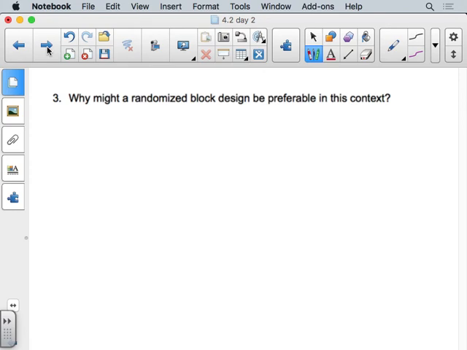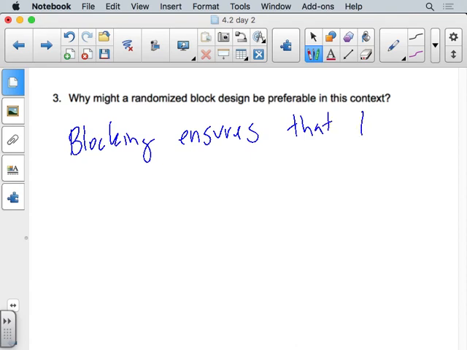So basically blocking ensures that I have, and I'll just go with our example, I have people who know Jane getting all 3 ads, and people who don't know.